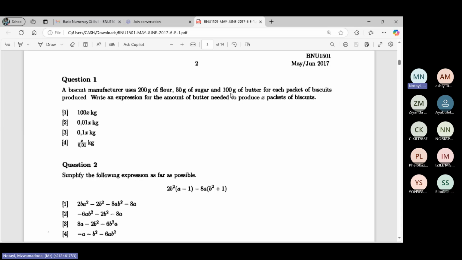So I said the amount of butter will be 100 divided by 1000 kilograms multiplied by X packets of biscuits, which gives me 0,1X kilograms. And then maybe also write that one for the sugar as well.